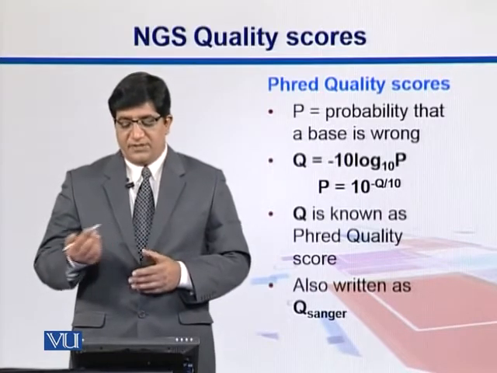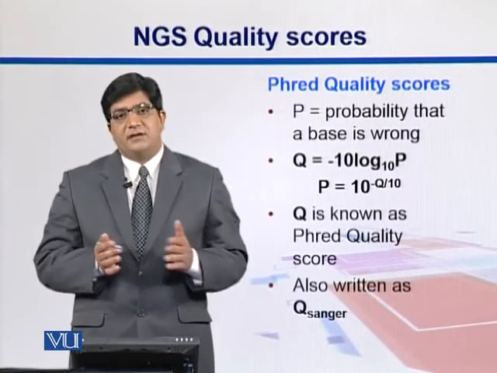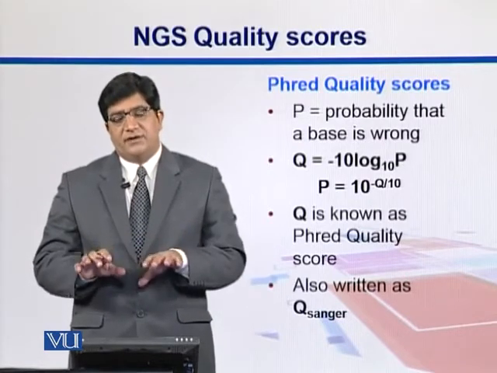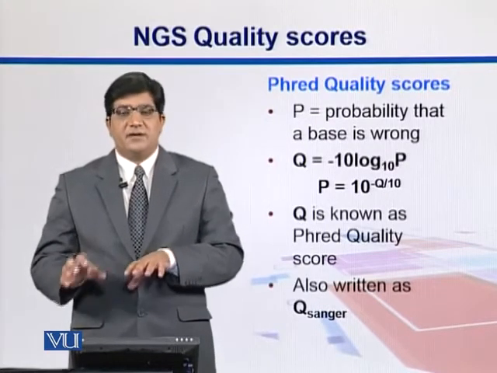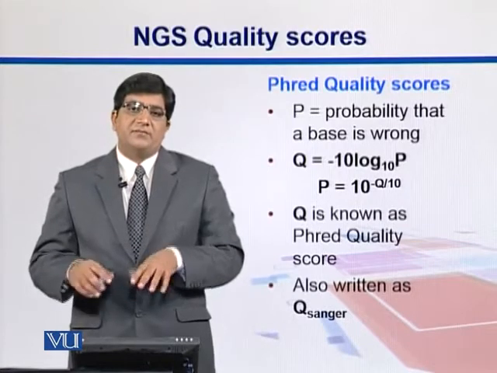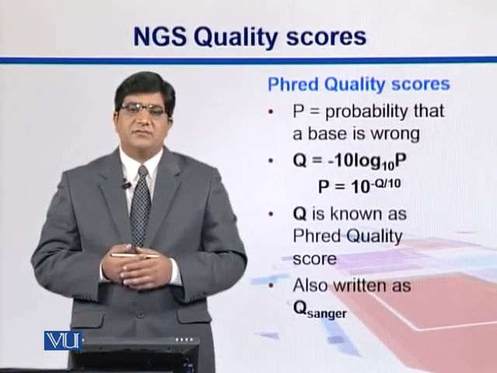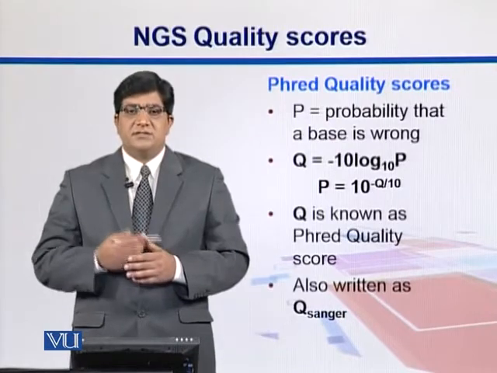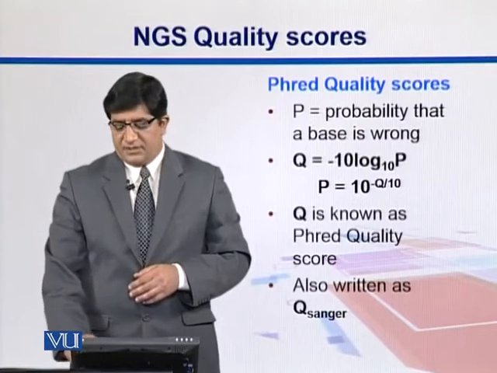Q is also known as the Phred quality score. It is commonly called Sanger or Q Sanger if we are fitting this equation, since it was written for the first time when automated sequencers were doing Sanger sequencing. That's why it is represented as Q Sanger.